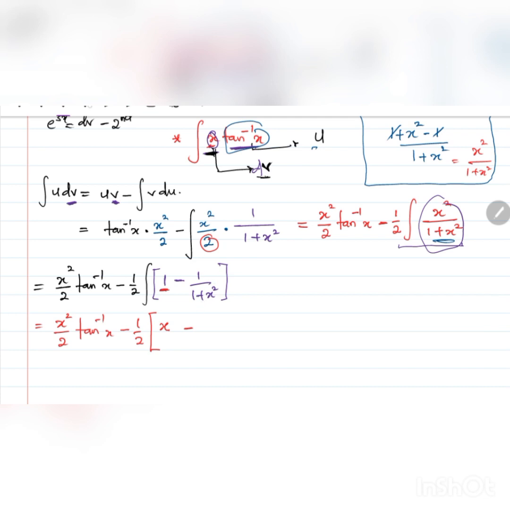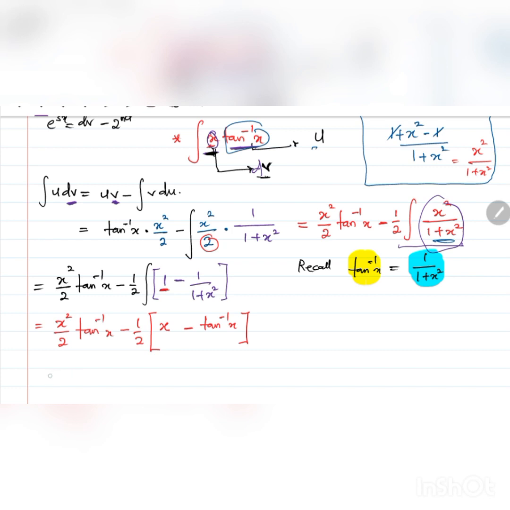Recall that if you differentiate arctan of x, you get 1 over 1 plus x squared. So if you integrate this, it must give us arctan of x back. Therefore the integral of 1 over 1 plus x squared is arctan of x.